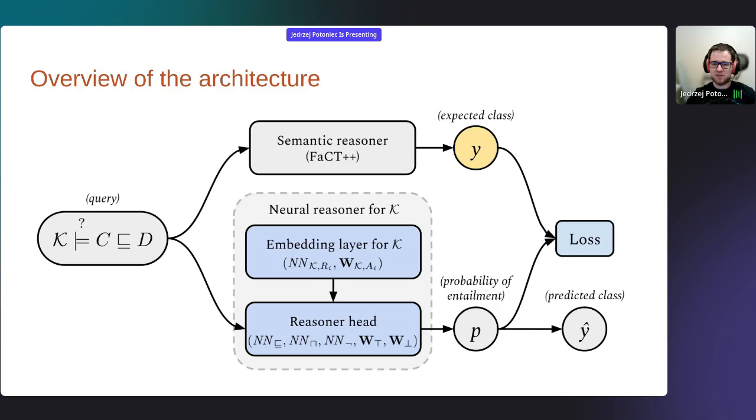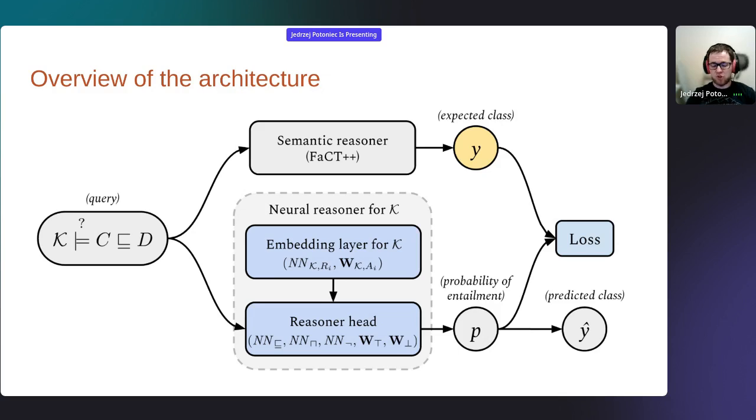In our case, we used Fact++, but of course any other tool like Pellet or HermiT could be employed here. This semantic reasoner generated true labels for us, either positive, meaning that the given query follows from the knowledge base, or is entailed by it, or zero if it didn't follow.